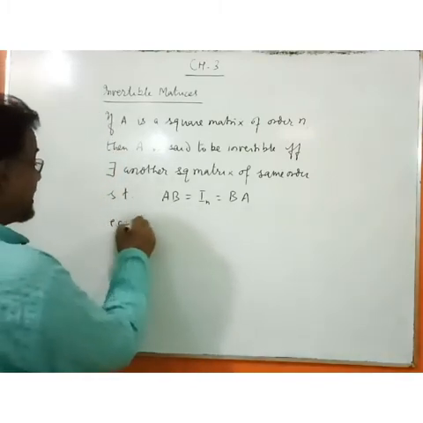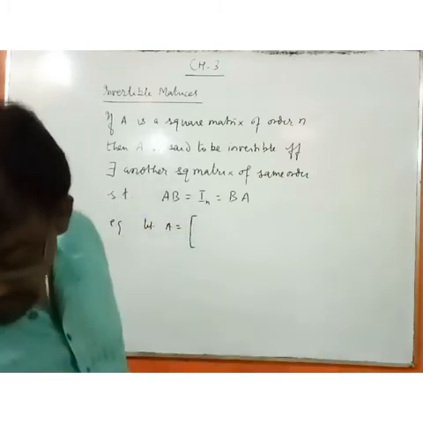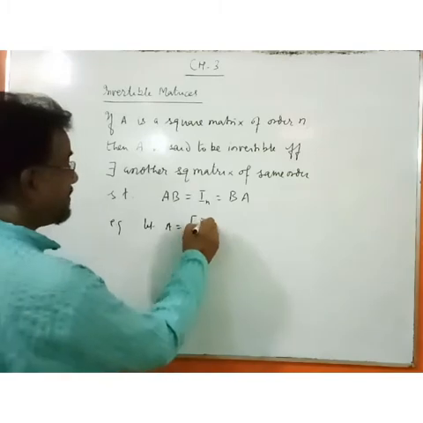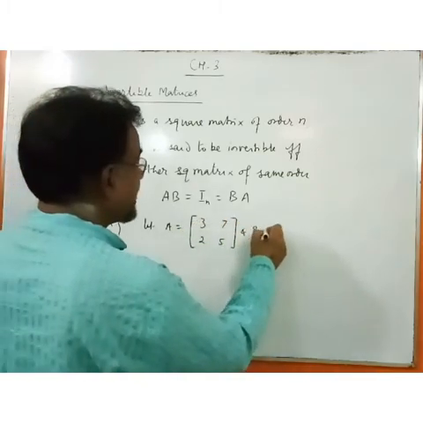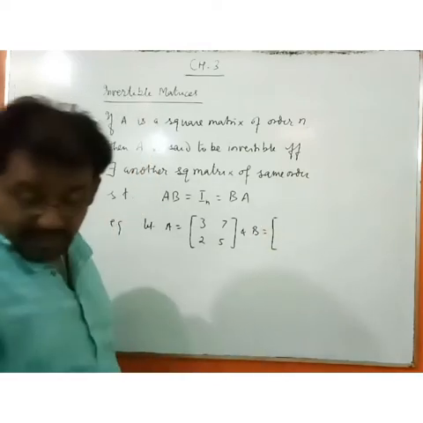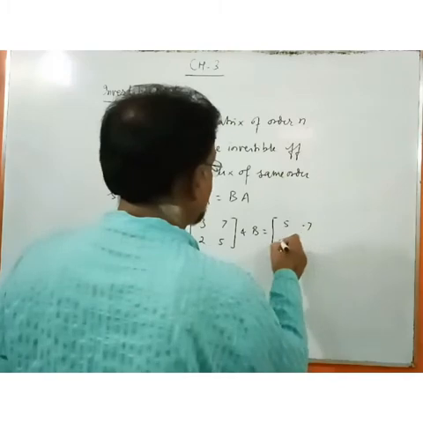For example, let A is equal to [3 7; 2 5] and B is equal to another matrix [5 -7; -2 3].